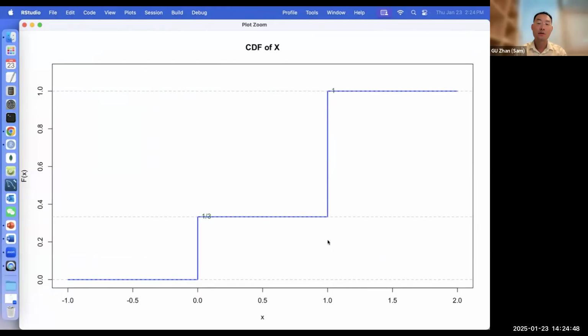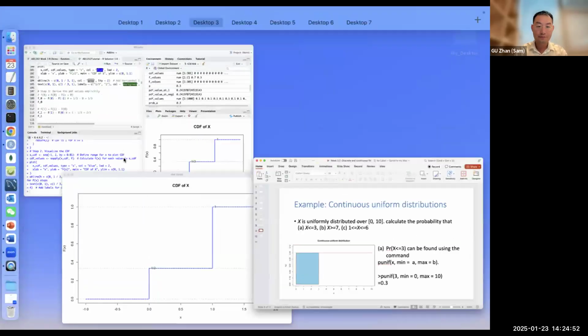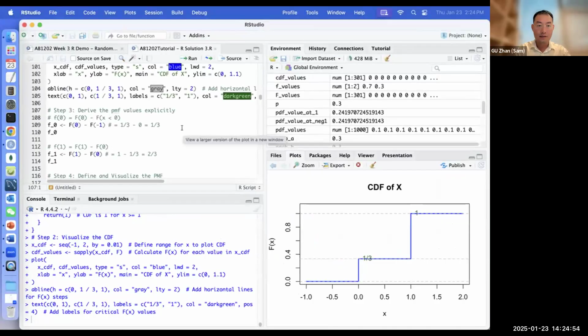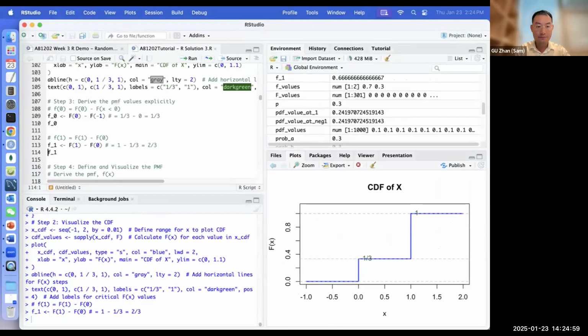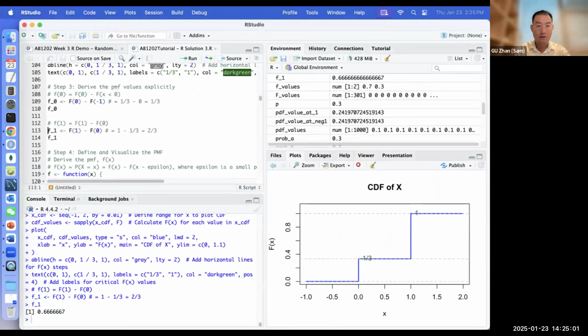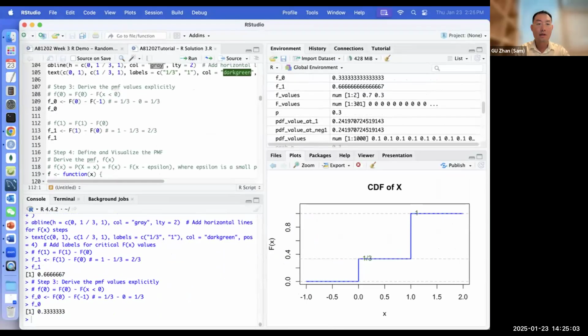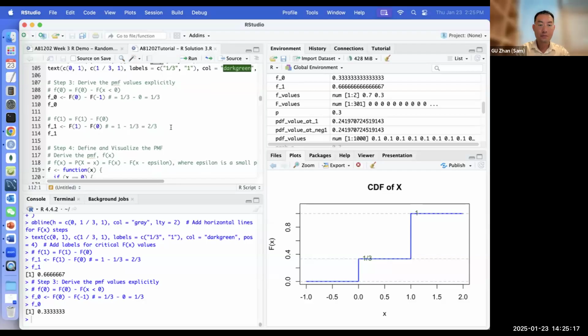So it is 2/3. Okay, you can calculate. f1 is 2/3. f0 is 1/3. f0 is 1/3 minus 0, then f1 is 1 minus 1/3.